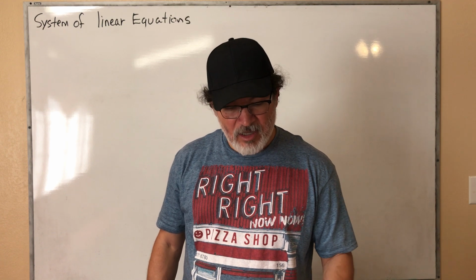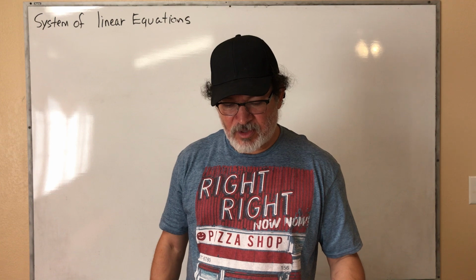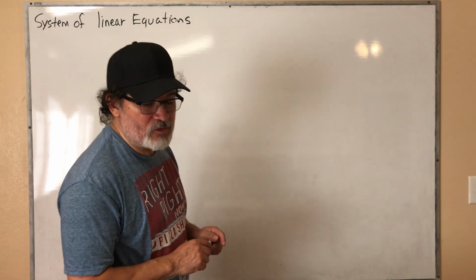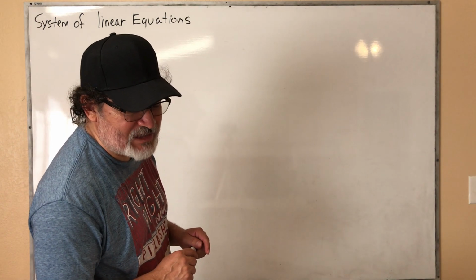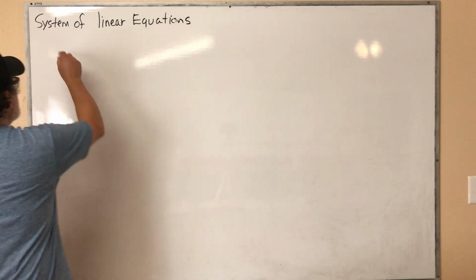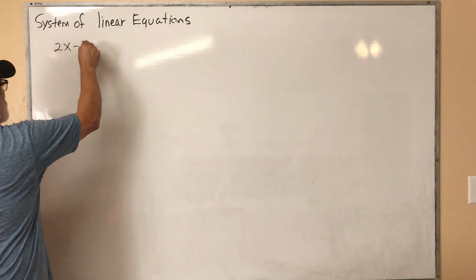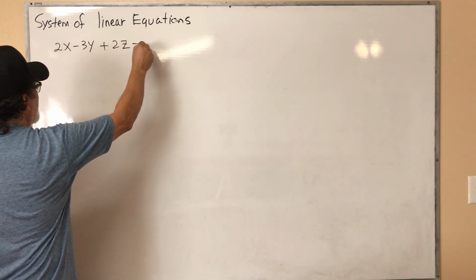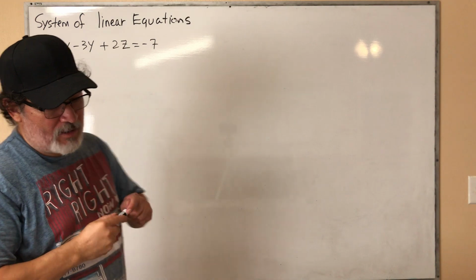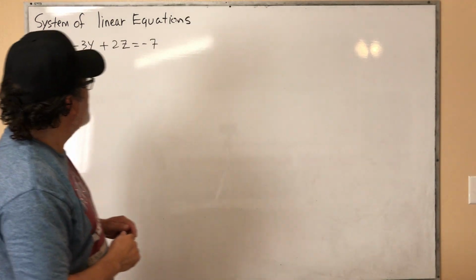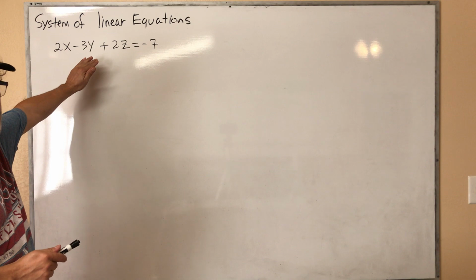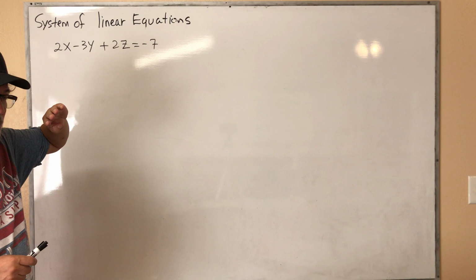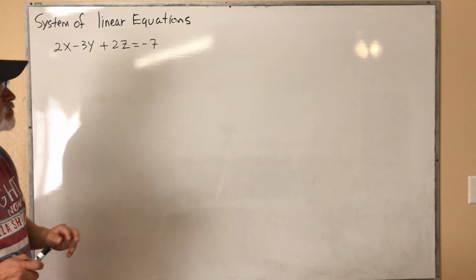Let us try, for example, this one. Here's a good one. 2x minus 3y plus 2z equals -7. That's the first equation. Three variables. When you have 3 equations, you must have 3 variables involved.